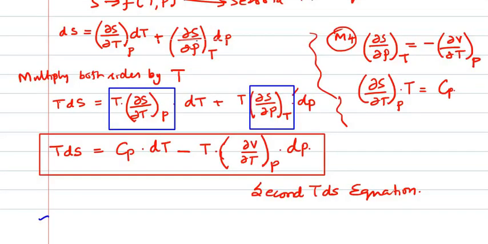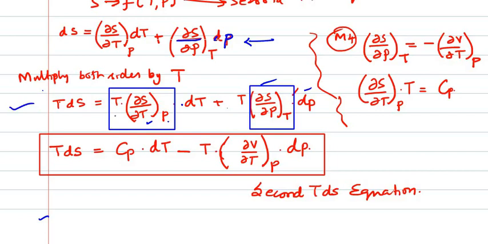To get the second TDS equation, we have to multiply this equation by T. On multiplication, we get TdS is equal to T into dou S by dou T at constant pressure into dT plus T into dou S by dou P at constant temperature into dP. Now we have to simplify this TDS equation.